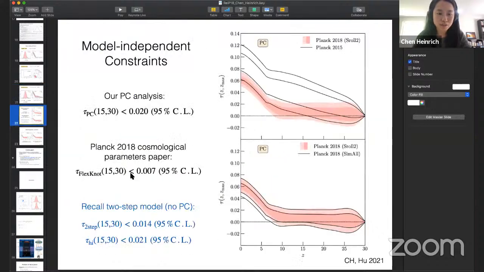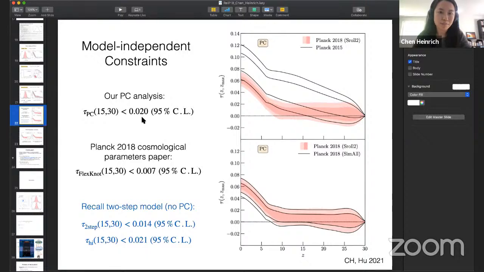What is interesting is the Planck 2018 cosmological parameter paper used another model-independent method called FlexKnot, which in principle can capture a lot of models, but they had upper limits on the cumulative tau between 15 and 30 that is 3 times lower, more stringent than ours.